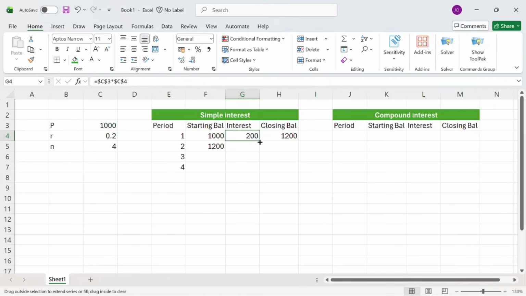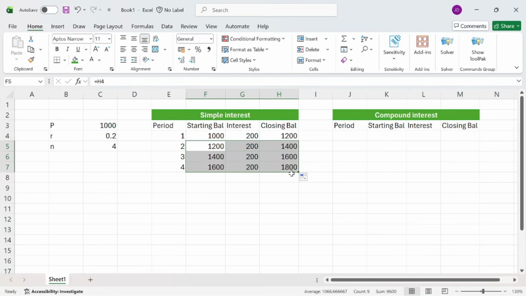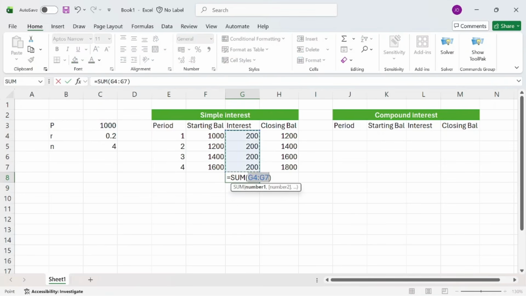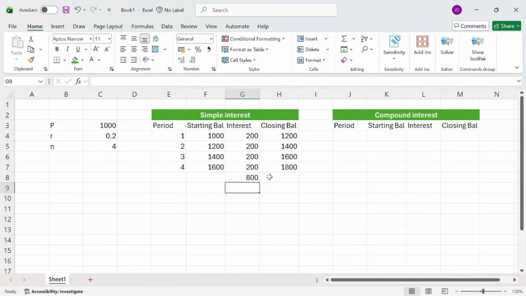So we are going to just drag this down. And now the closing balance is going to be the opening balance plus the interest. And now this is going to repeat all through, and we can simply drag this to the end here. So we are going to have, you can now simply sum and say you have gotten an interest of £800.